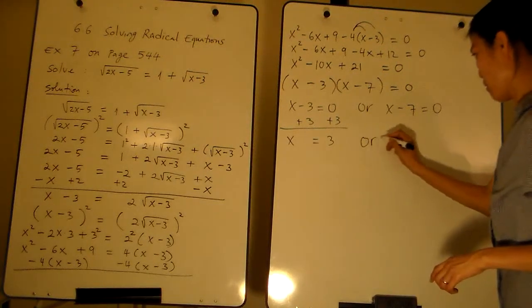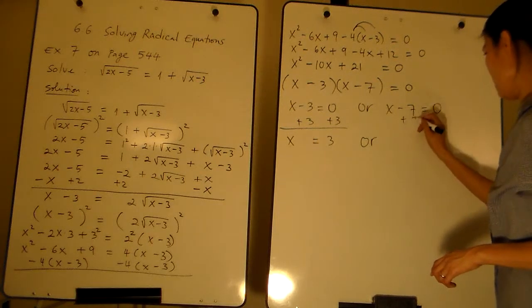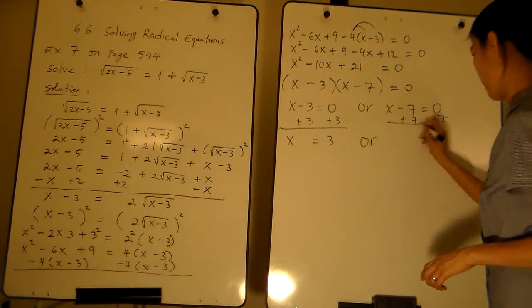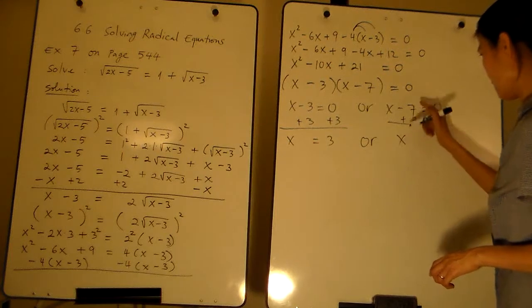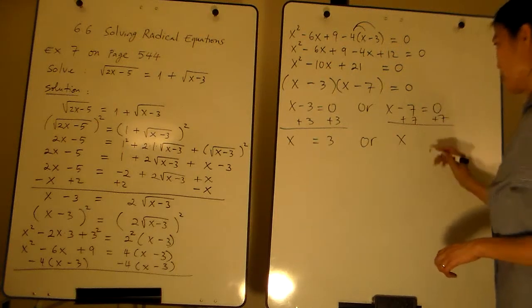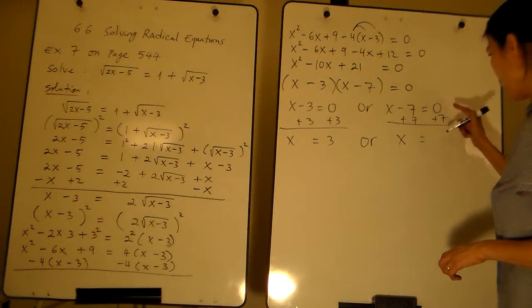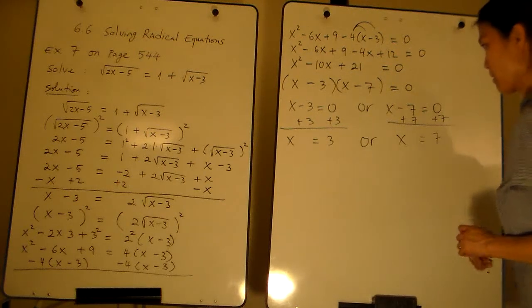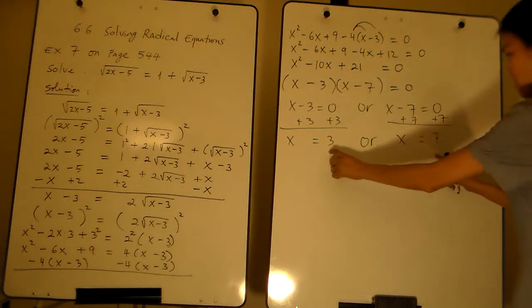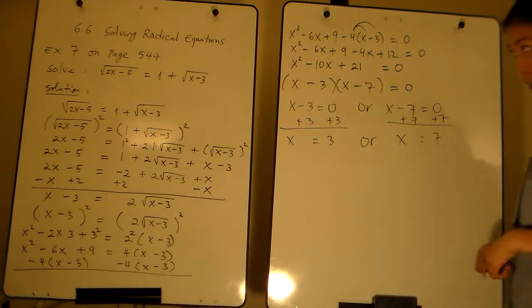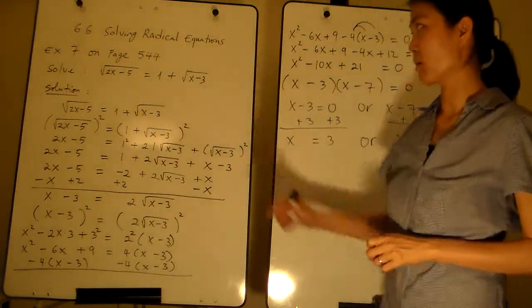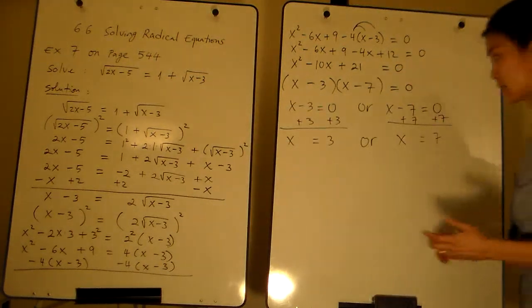And then, or, you're going to add 7 to solve for x. So this is x; negative 7 plus 7 is 0, equal to 0 plus 7 is 7. So now you have two solutions, 3 and 7. These are possible solutions to this equation. So let's check.